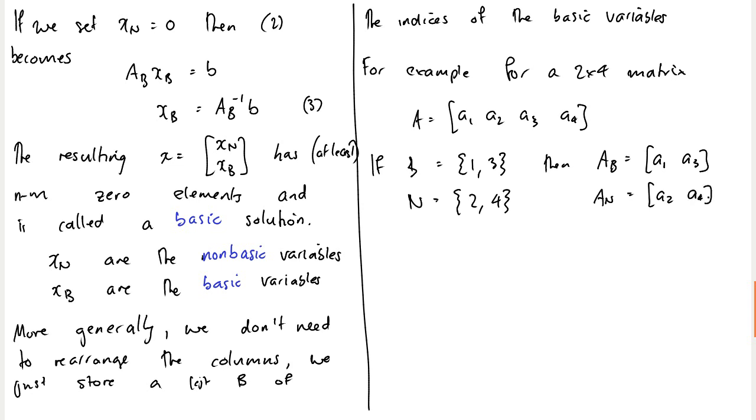We'll start working with these things in a minute. So what I've talked about so far is basically a partitioning and how we can find a solution to the constraints Ax equals b based on choosing an appropriate set of columns.